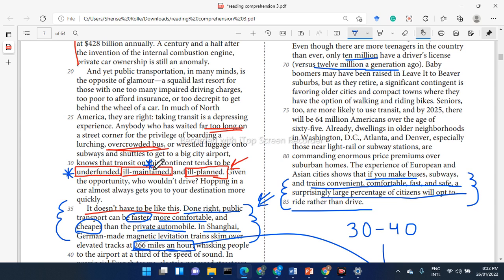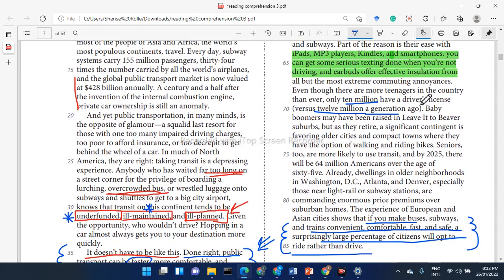Contingent is something like that. Where is it? Which line? Line 17. It says baby boomers may have been raised in a Leave It to Beaver suburb, but as they retire, a significant contingent, that means a significant number of them, is favoring older cities.